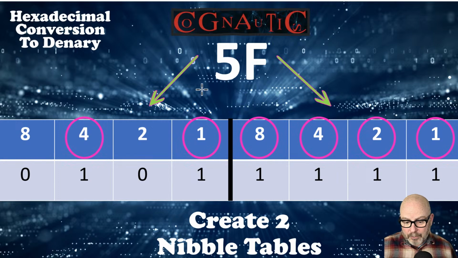All right, hex to denary. If you notice, we've done units. We know that 4 bits make a nibble, and these 8 bits altogether would make a byte.